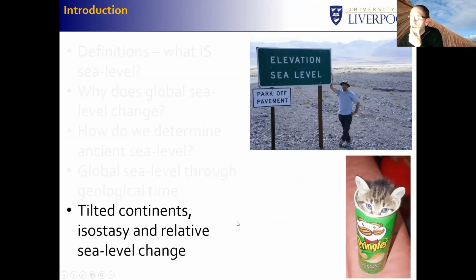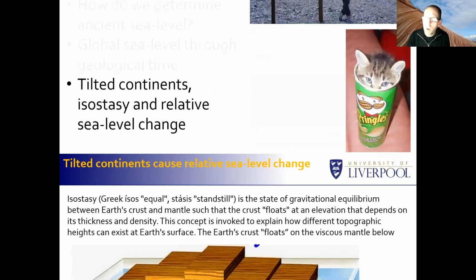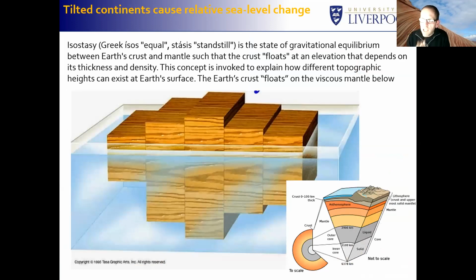So tilted continents, isostasy and relative sea level change. It's going to finish off. So isostasy is essentially how the relatively less dense, more buoyant lithosphere crust floats on top of a viscous asthenosphere underneath, right?